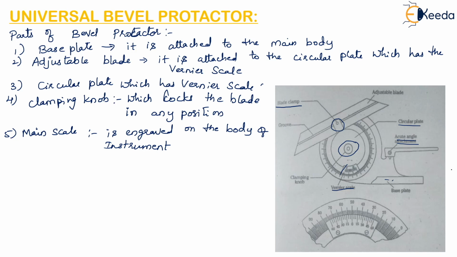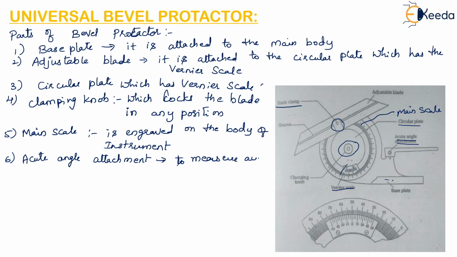So here this is the main scale and this is the vernier scale, and there is an acute angle attachment which is provided for measuring of acute angles. So here this adjustable blade can be slid in this groove and can be clamped at any convenient length.